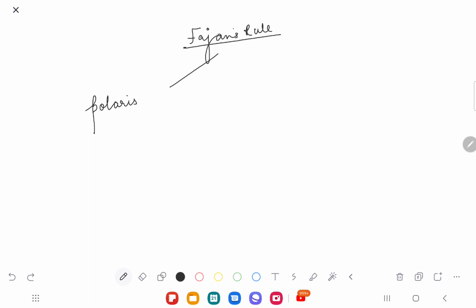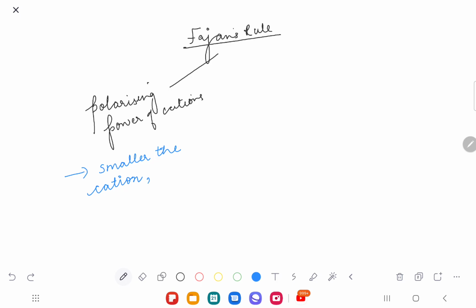Now there are points about it. Now you will understand it. So the polarizing power of cations. Now, Mark, be with me and tell me if you agree with this or not. It says, smaller the cation, tell me, smaller the cation, more or less will its polarizing power be?